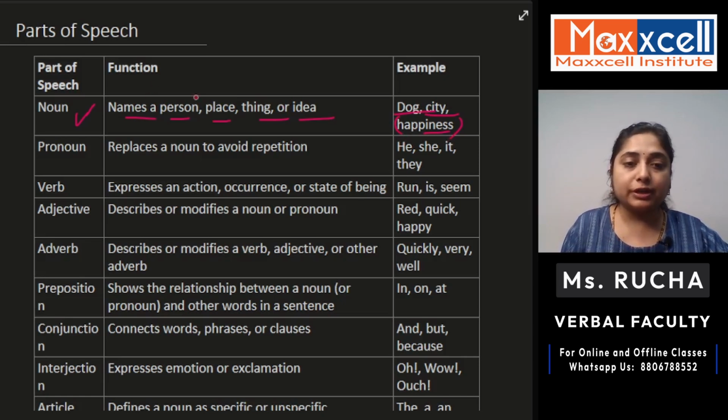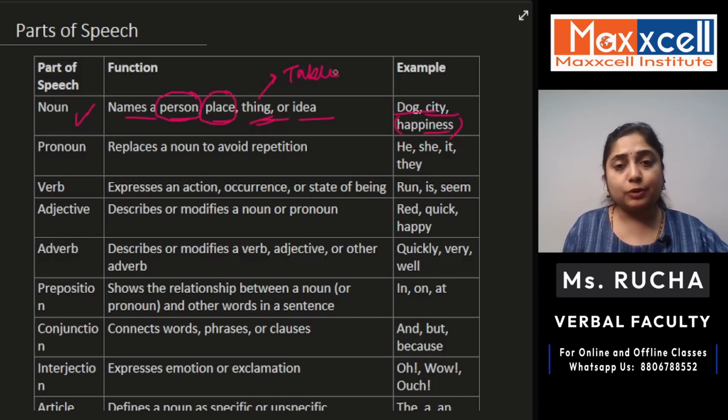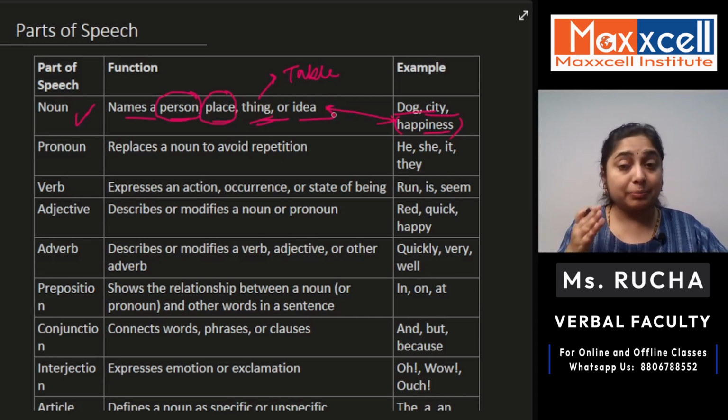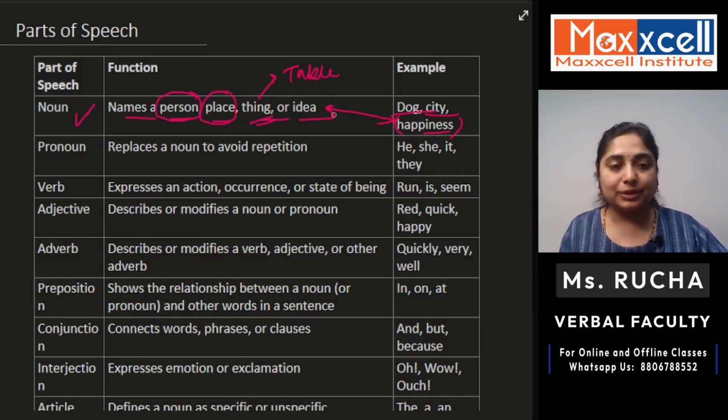So whenever we are talking about a particular person, mentioning a place, or mentioning a thing, let's say table, chair, bulb, lights or anything like that, that will also be considered a noun. An idea, happiness, is a feeling, something abstract which is not tangible but still has a name, so that part of speech is called a noun, right?